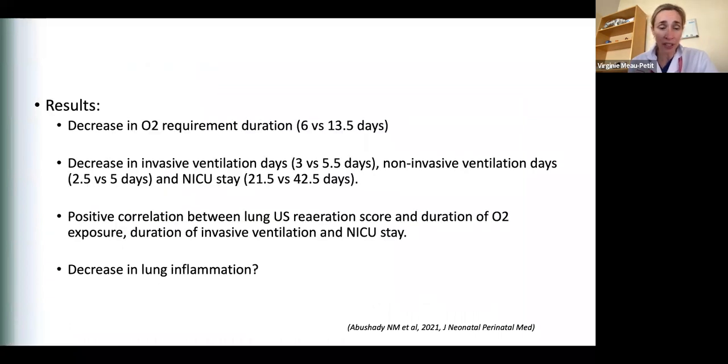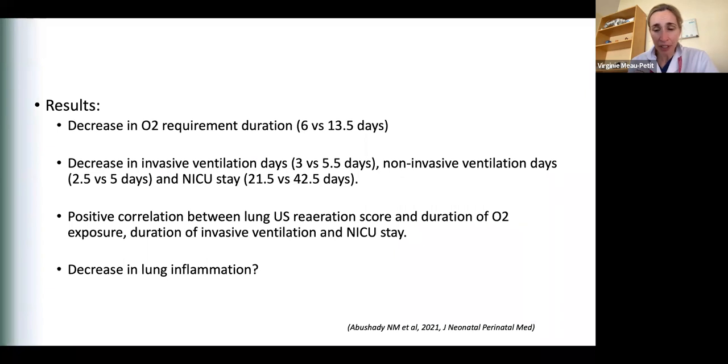What they found is a significant decrease in oxygen requirement duration, 6 versus 13 days, decrease in invasive ventilation days, non-invasive ventilation days, and NICU stay, and a positive correlation between lung ultrasound re-aeration score, duration of oxygen exposure, duration of invasive ventilation and NICU stay.